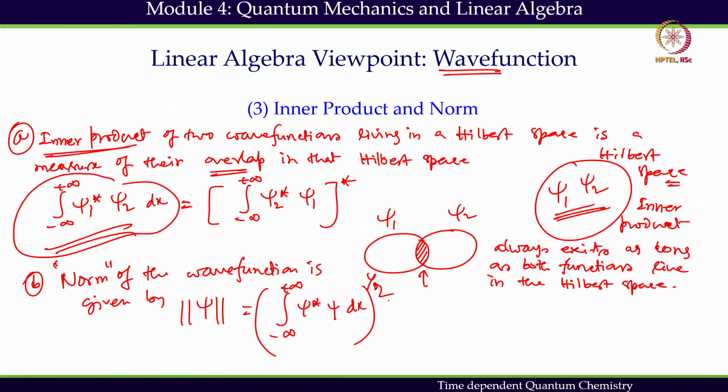This is the normalization constant. So, if I want to normalize a wave function, all I have to do is psi divided by the norm of psi. This is called, this I will get the normalized wave function.